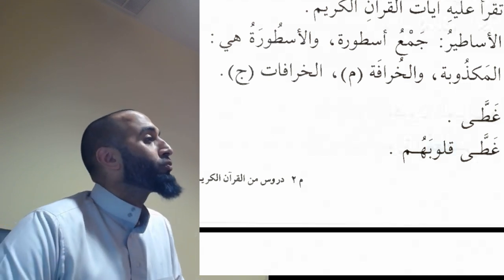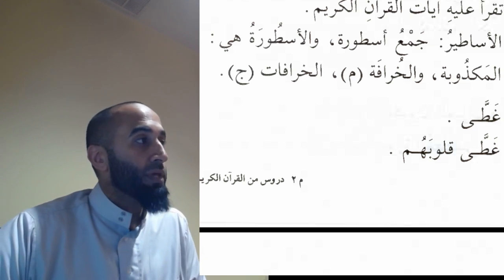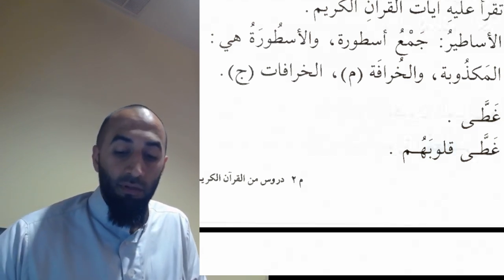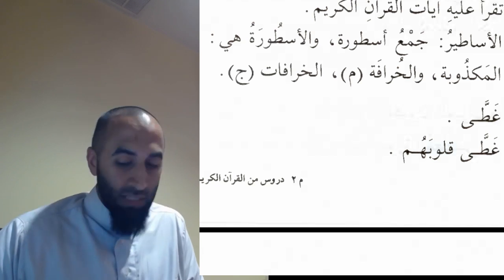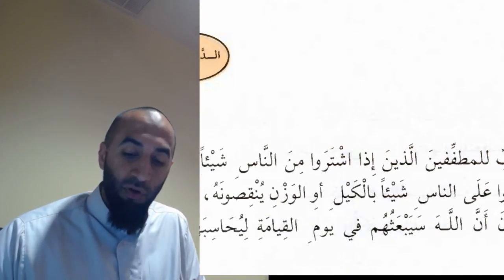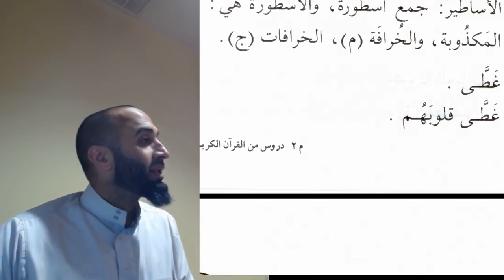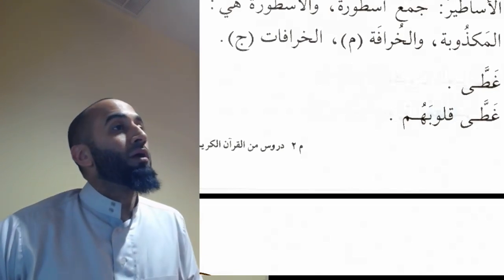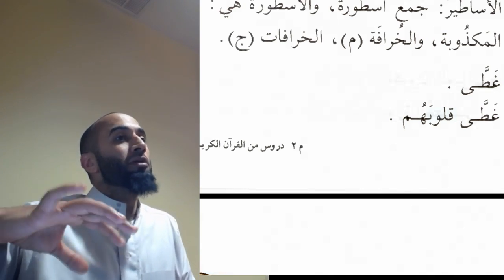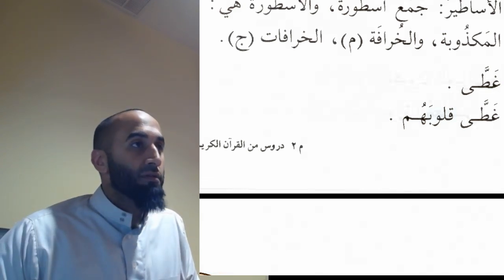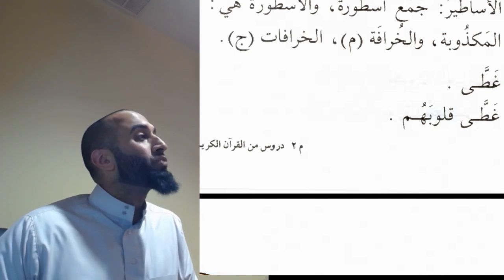ران على قلوبهم. Fatima, read ران على قلوبهم. غطى قلوبهم. What does that mean, Ahmed? غطى على قلوبهم, covered over their hearts. It's covered over their hearts, right? Okay, so that's it. كلا بل ران على قلوبهم. That rather, what has happened, their hearts have been covered. ران على قلوبهم ما كانوا يكسبون.